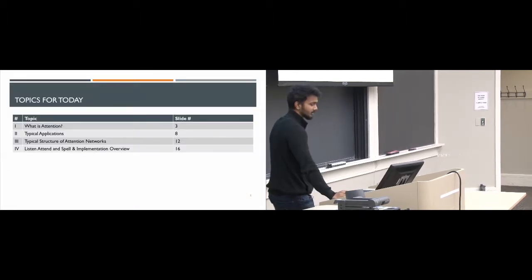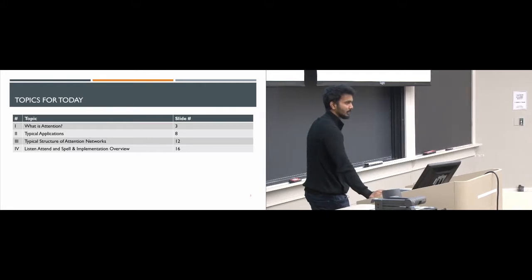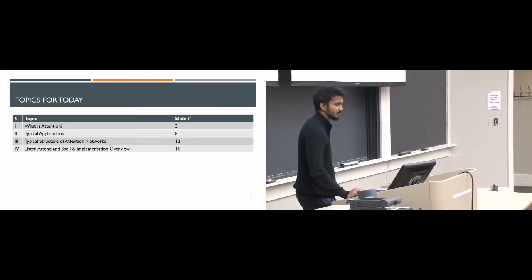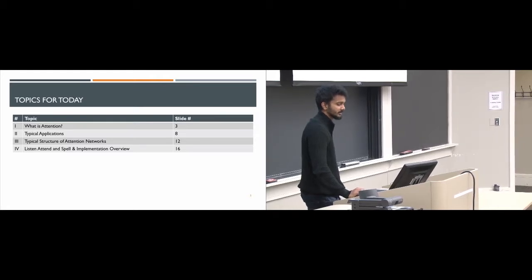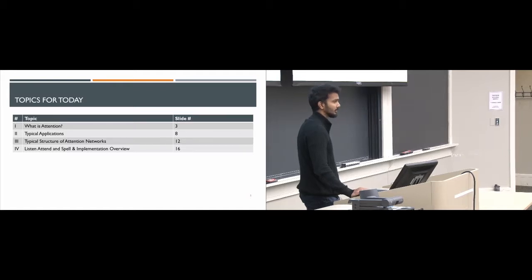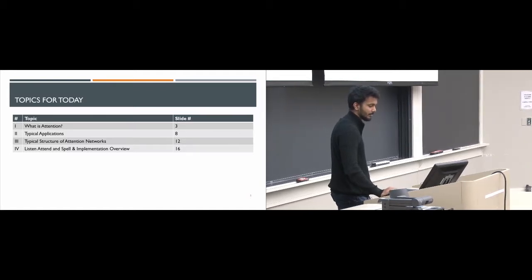The topics for today: we'll be briefly discussing what attention exactly means. Bhiksha spoke a lot about it in class with an example on neural machine translation, but we'll be looking at some other examples with images and another speech-to-text implementation called the Listen, Attend, and Spell paper.